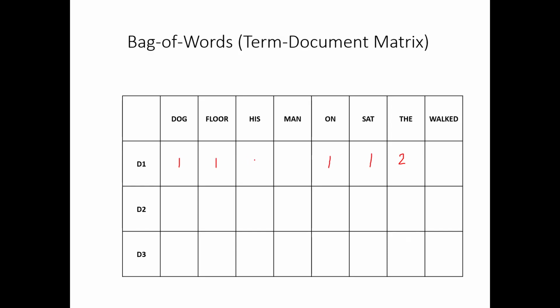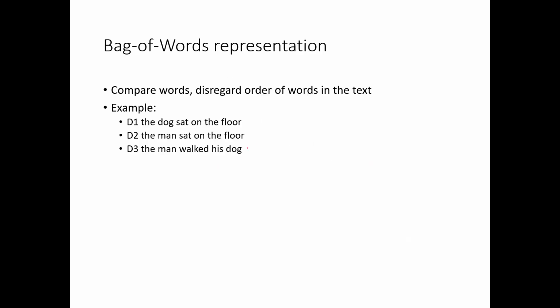All the other words we can say zero. So this is like we use word frequency. That's one way of representing in bag of words. The other one is you can just use 1 and 0, which says whether the word is there or not.